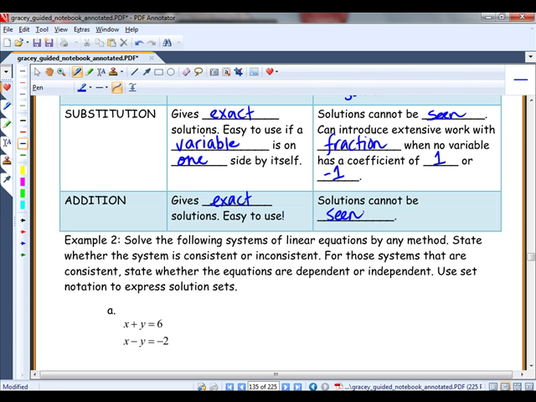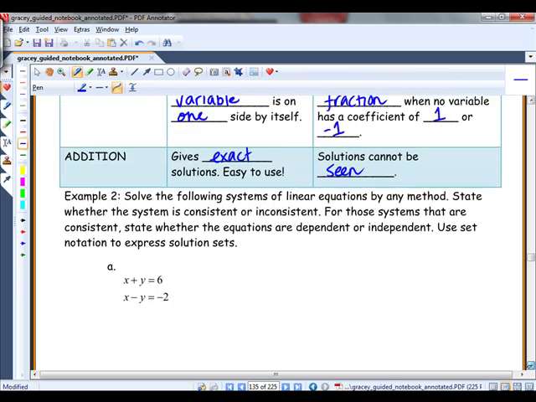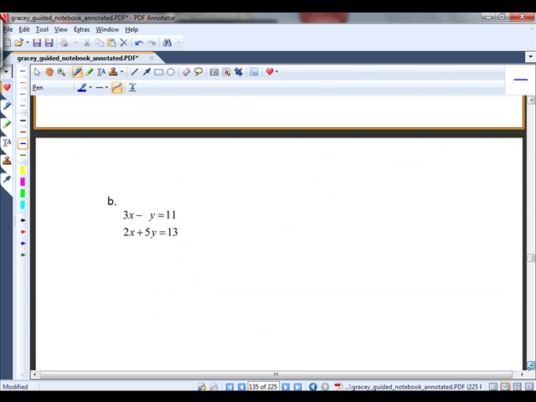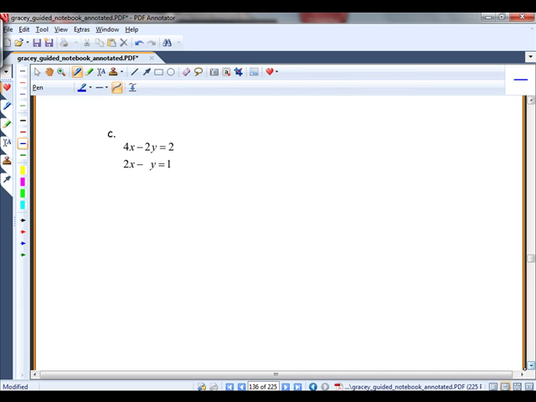Okay. So here we are solving some of these systems. It looks like the first two are repeats of the ones that we just did, so I'll leave those to you if you want to drill yourself on them later.